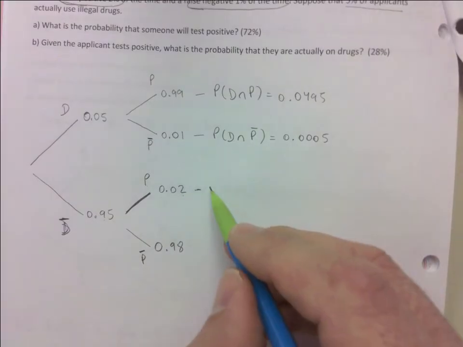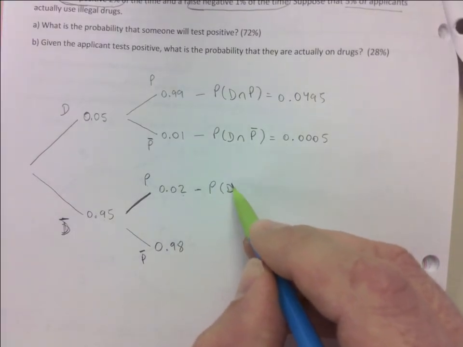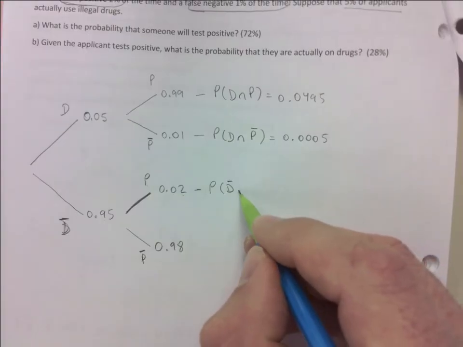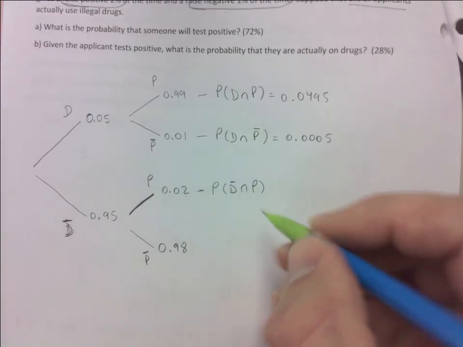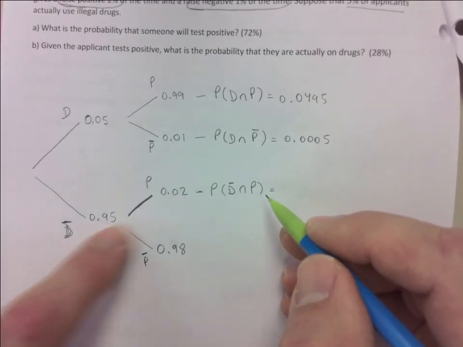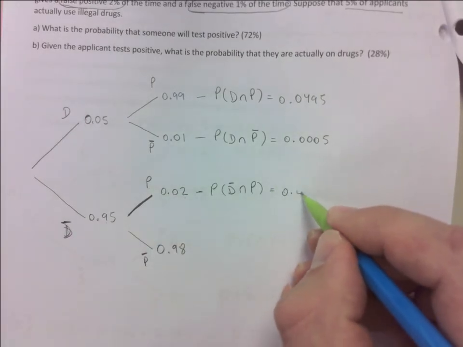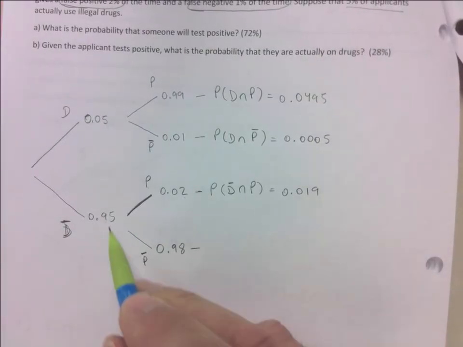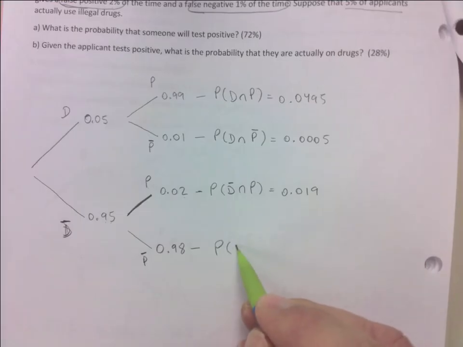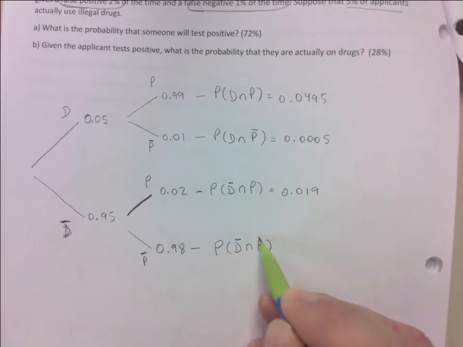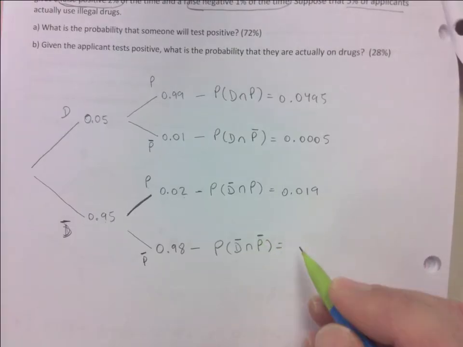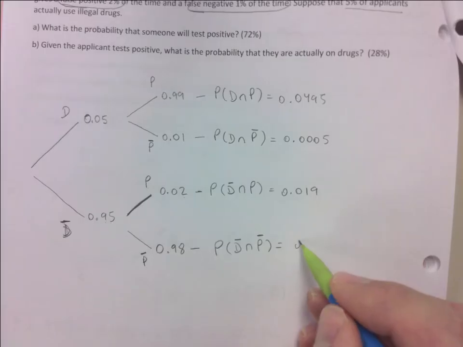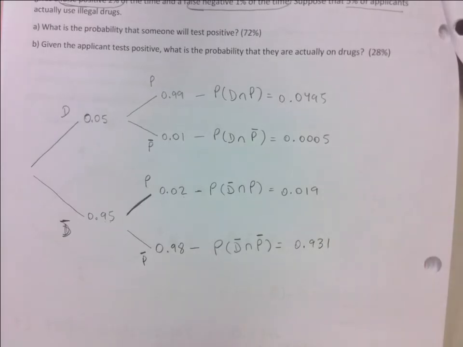The probability of not using drugs and being accused of consuming, you multiply these two, you get 0.019. And then the probability of not having used drugs and also getting a test that says you don't have any in your system is 0.931, which is what we want, right?